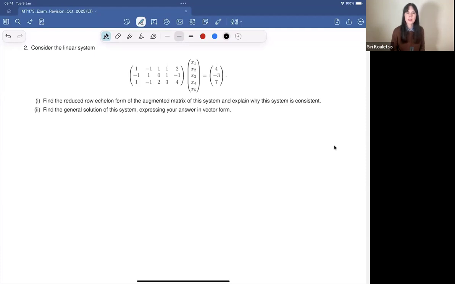And then part 2 will be to find the general solution of this system, expressing your answer in vector form. So let me give you a head start there on writing down the augmented matrix and starting your elementary row operations and aiming for reduced row echelon form.